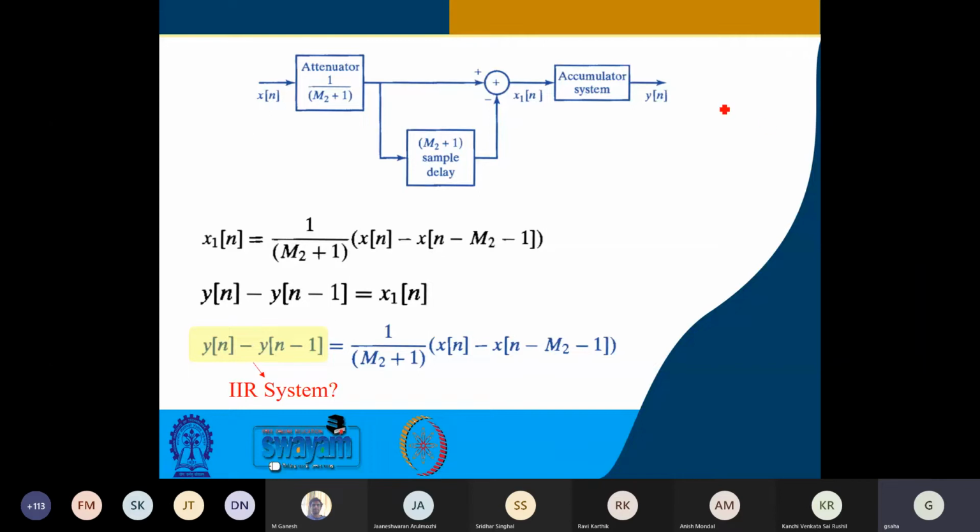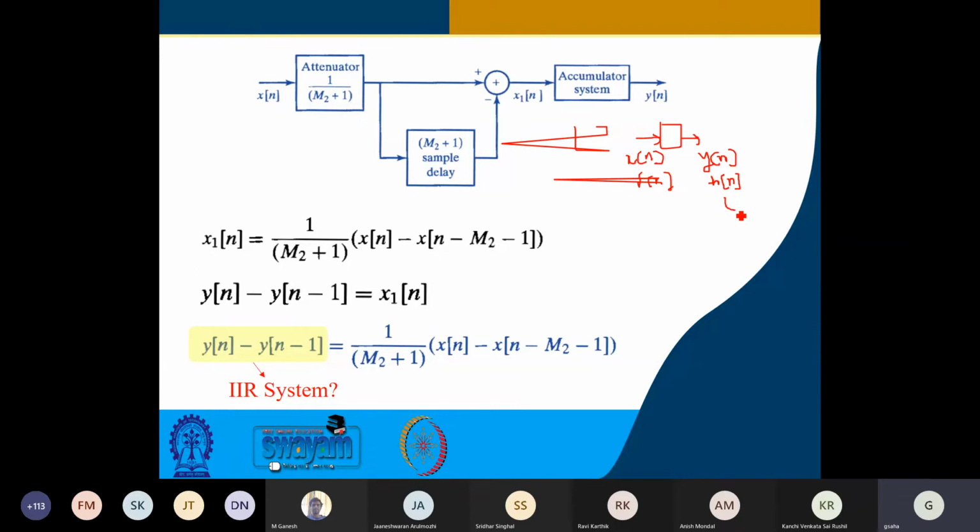So first we go by the definition of what is unit sample response. By definition, this is my xn and this is my yn. If I give del n as input instead of xn, I mean, if xn is del n, then whatever I get here is hn.